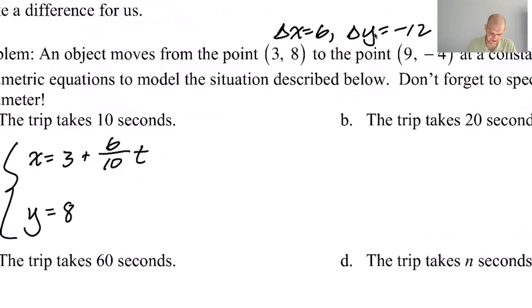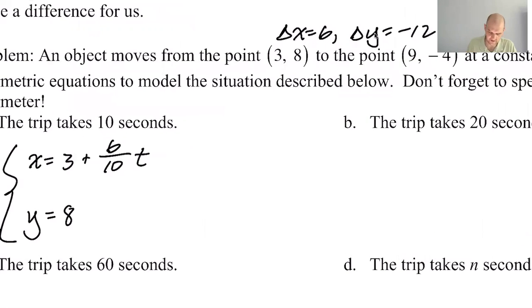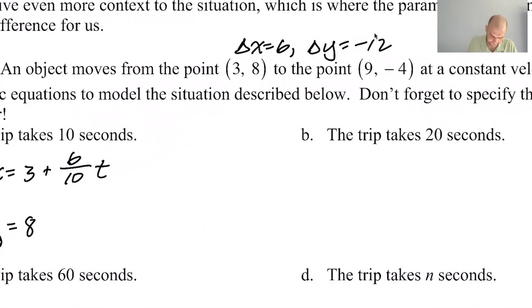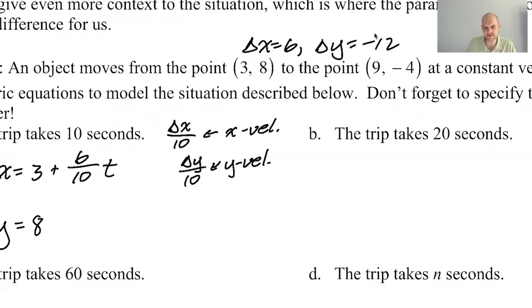So I'm thinking of unit change, right? Delta x over 10 is like my x velocity. And the delta y over 10 is my y velocity, or the component of velocity, right?